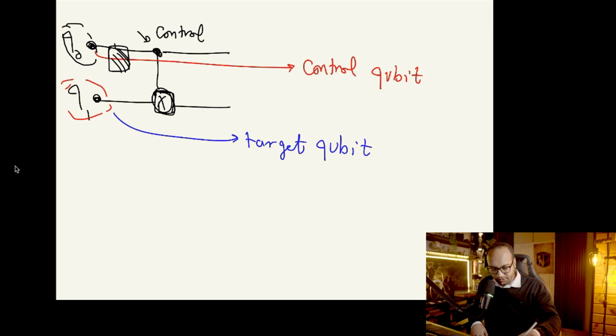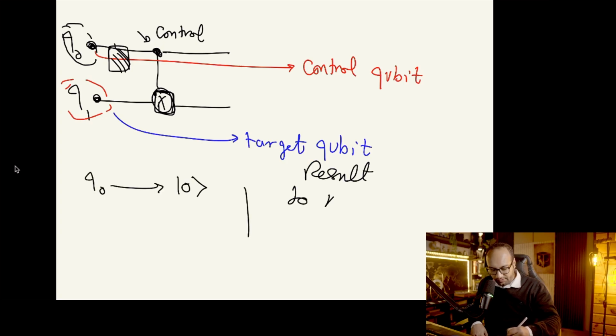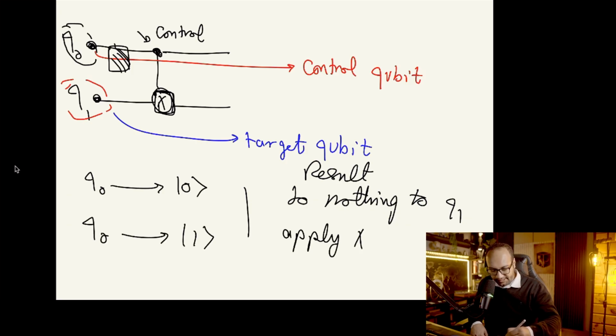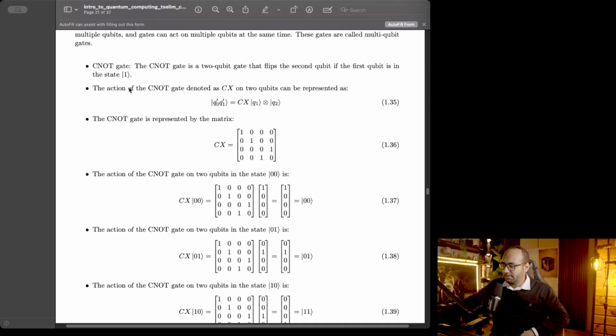So we have the following truth table. If Q0 is 0, the result will be do nothing to Q1. If Q0 is 1, then apply X gate to Q1. So it's a conditional gate, which based on this property, either takes this action or not. What we see here is the action represented mathematically.